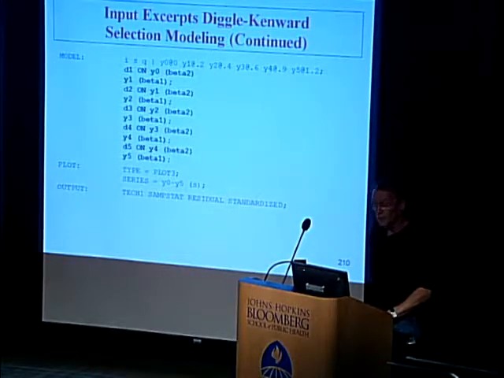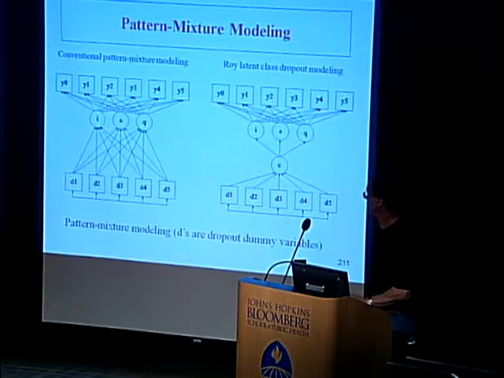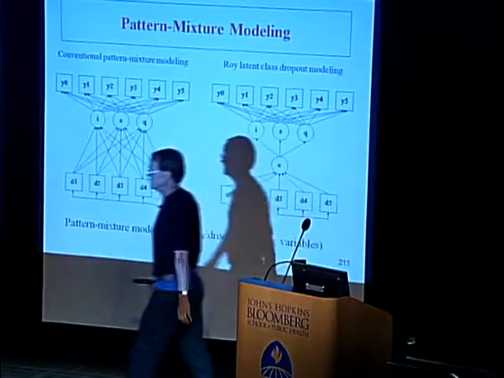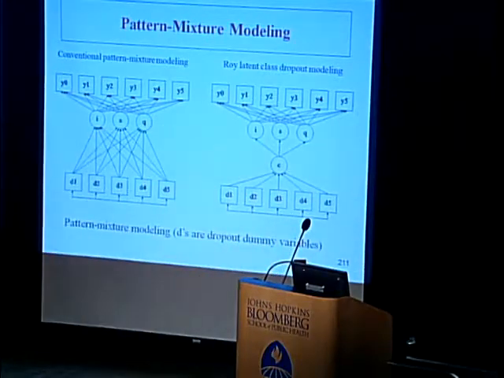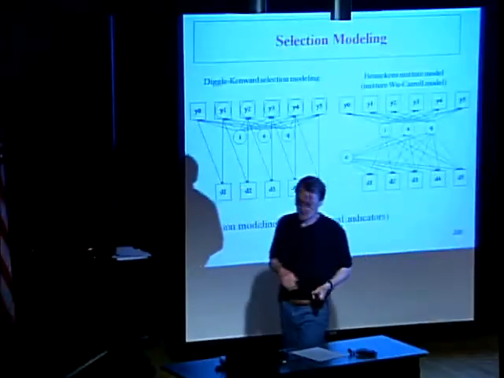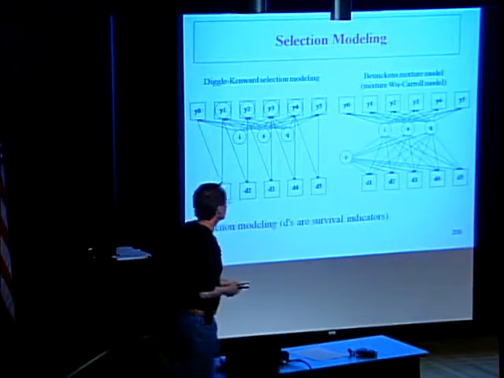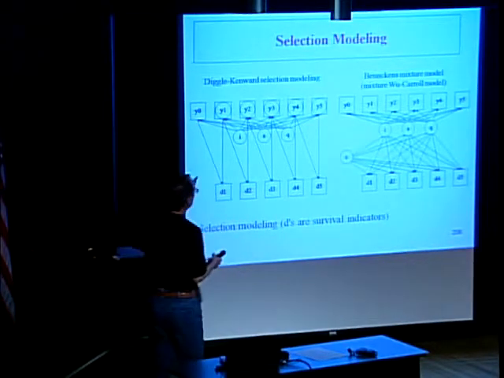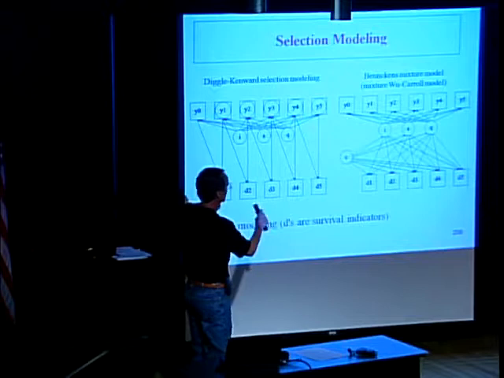So that's one type of non-ignorable missing data modeling. Here is another one, which is perhaps even more common. You see the distinction here between selection modeling and pattern mixture modeling.